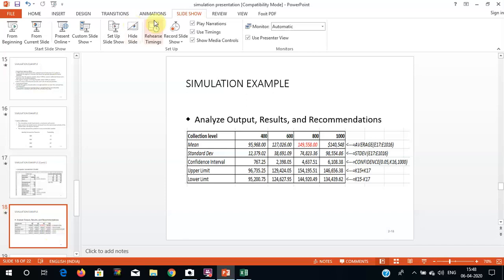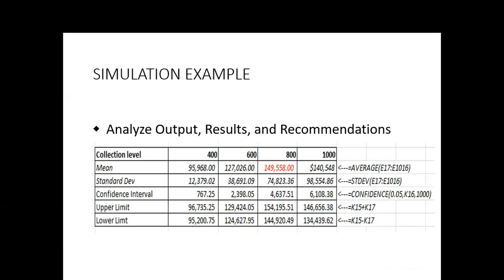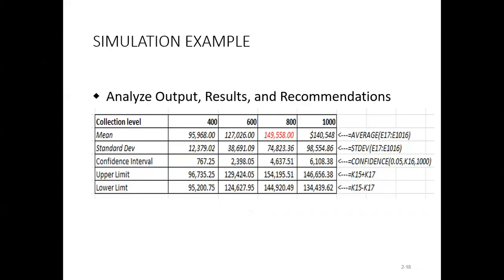So, analysis of output results and recommendations. You can see 800, which is 149.5K dollars of net revenue, looks like the most preferred.